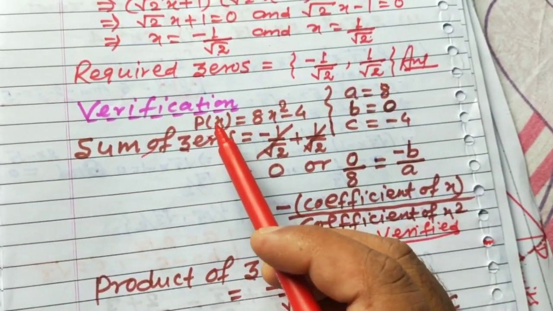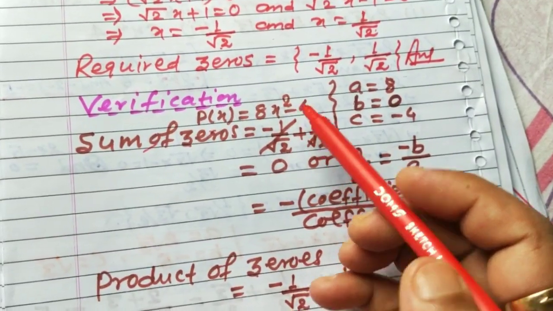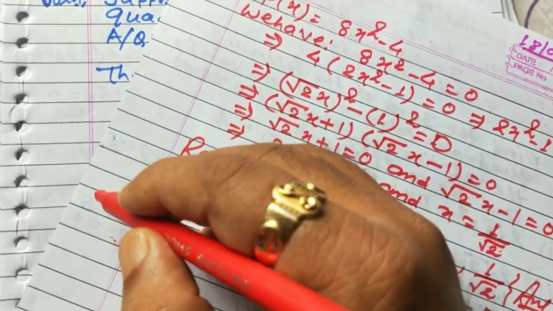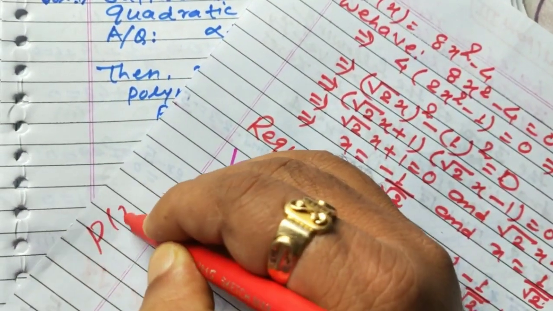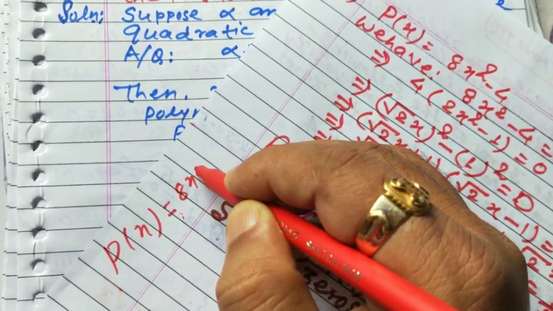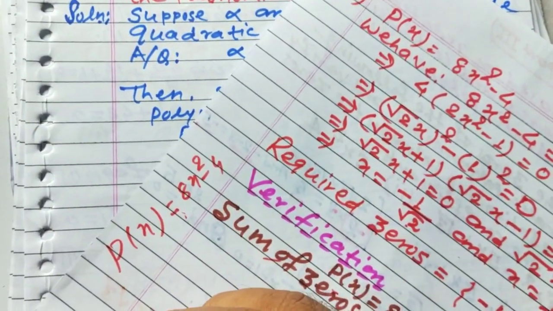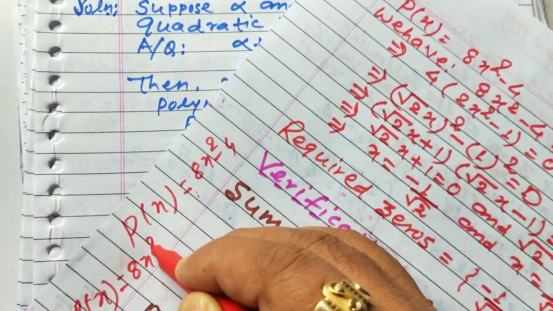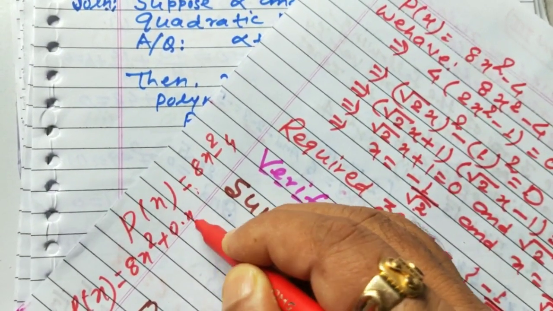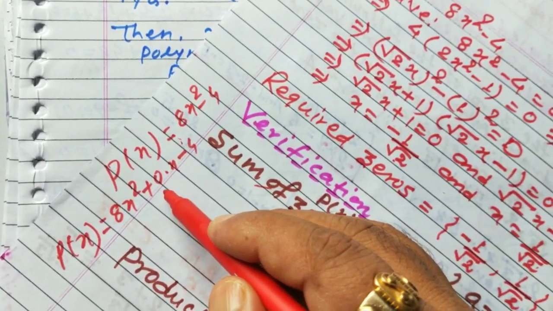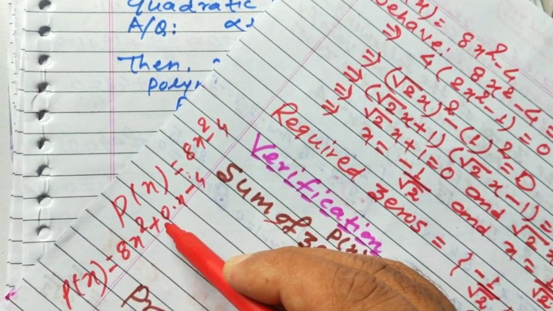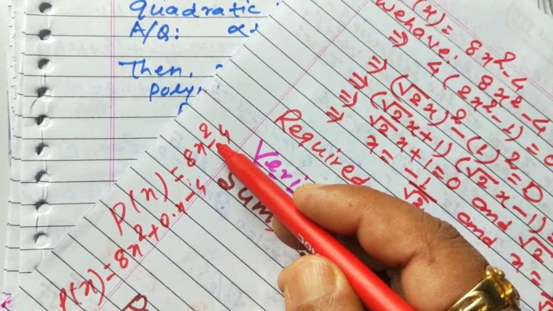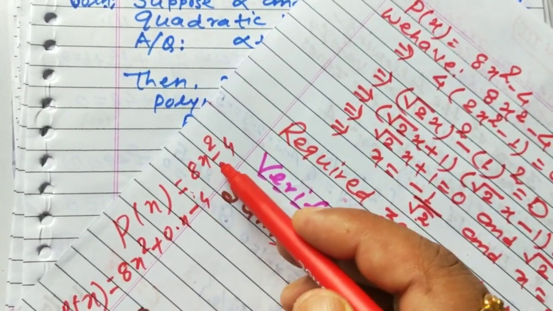So verification, p(x) is equal to 8x² minus 4. It can be also written as 8x² plus 0 into x minus 4, because the coefficient of x is 0, because the term containing x is not available in the polynomial.